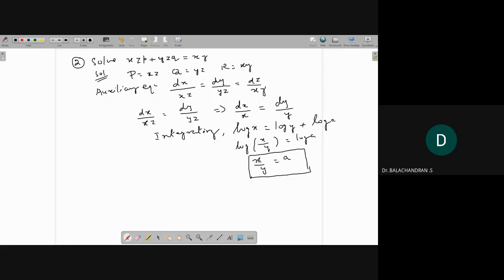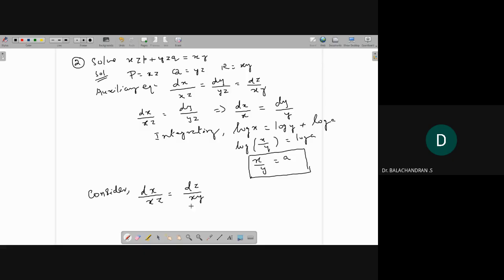In this type of situation, you need to use the previous solution. I am going to use the previous solution now. Okay, I will explain. Consider the first and third. Even you can take second and third also. dx by xz equal to dz by xy.